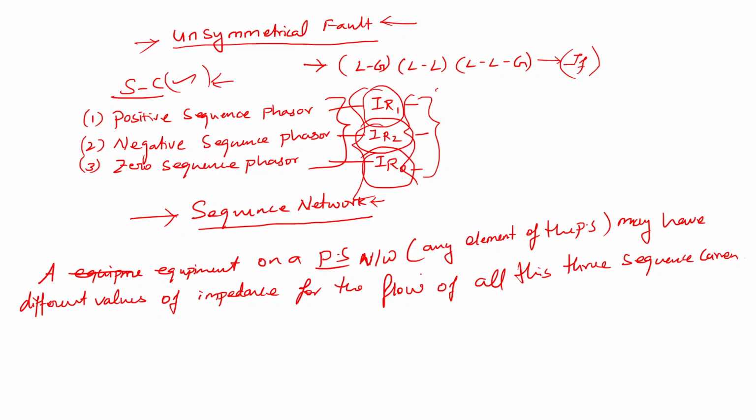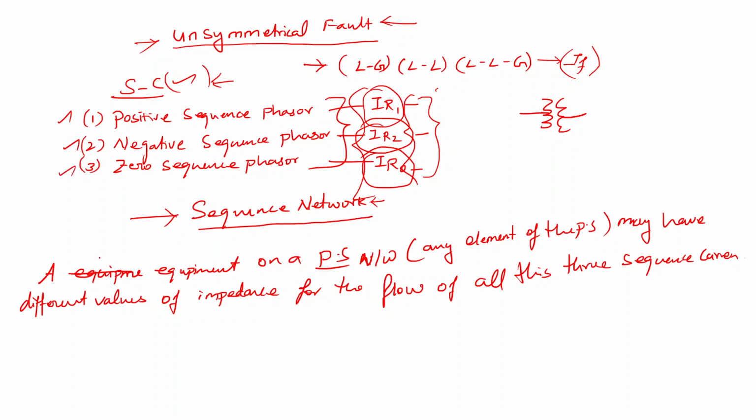Say for example, if you are taking a transformer, like this. This is an element of a big network, and for this transformer, the impedance value for positive sequence is different, the impedance value for negative sequence is different, and for zero sequence is different.